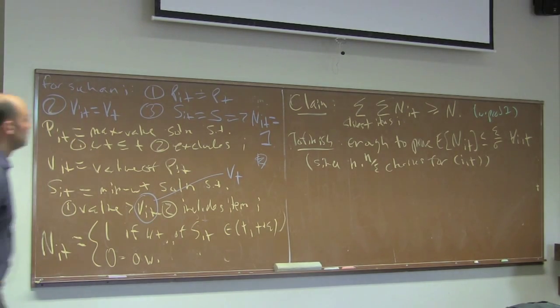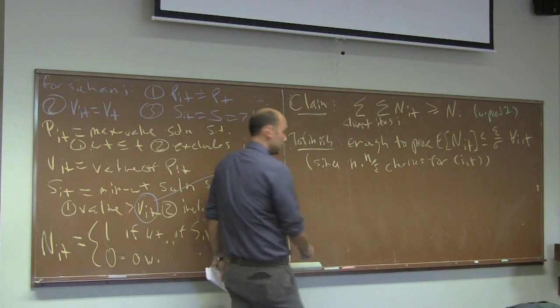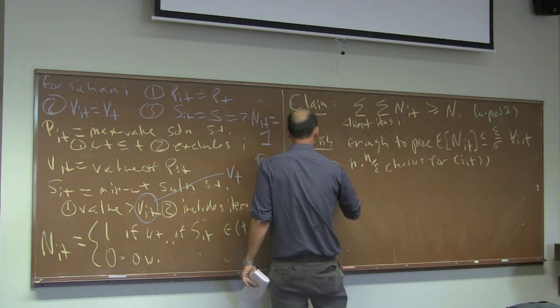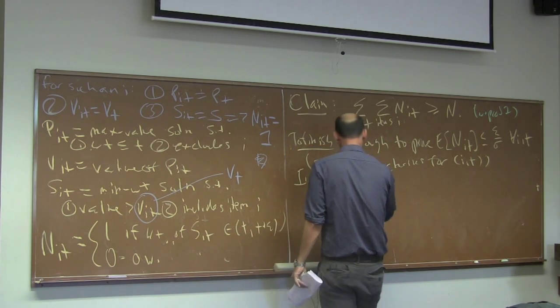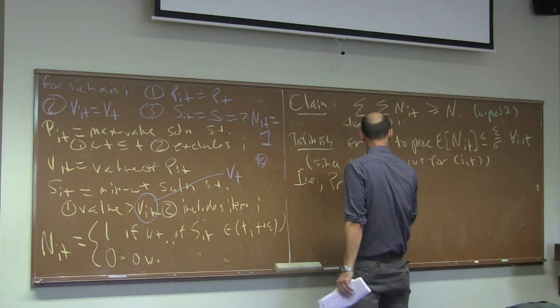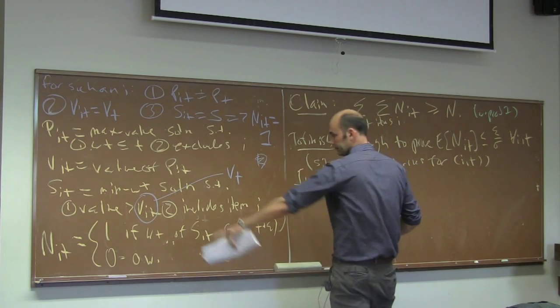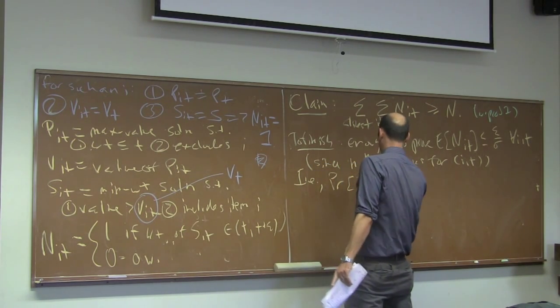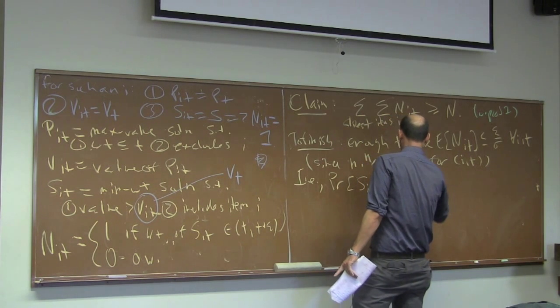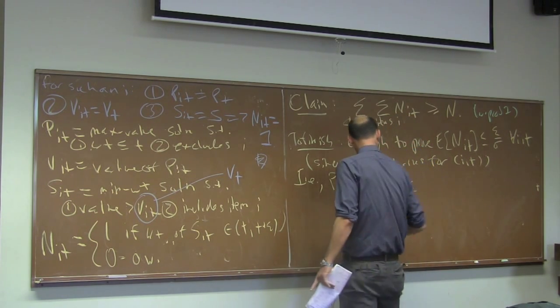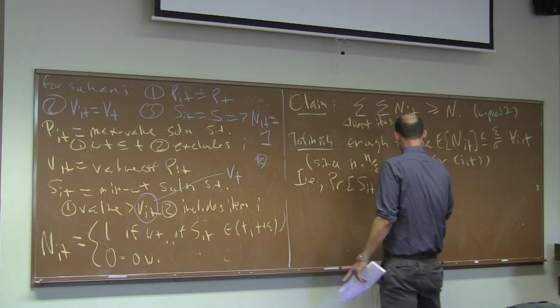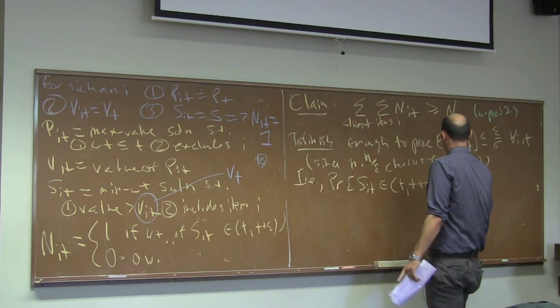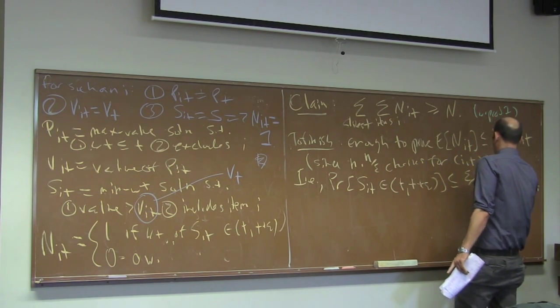Okay. So i.e. we want to prove that the probability that NIT equals 1, also known as that SIT is in [t, t plus epsilon], is at most epsilon over sigma.